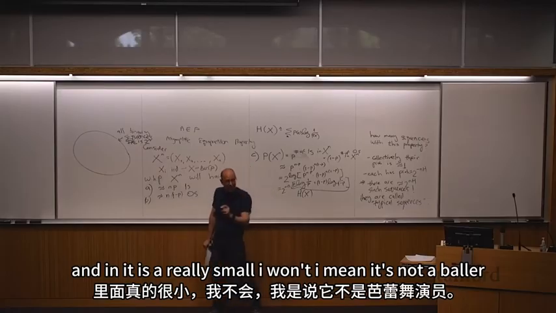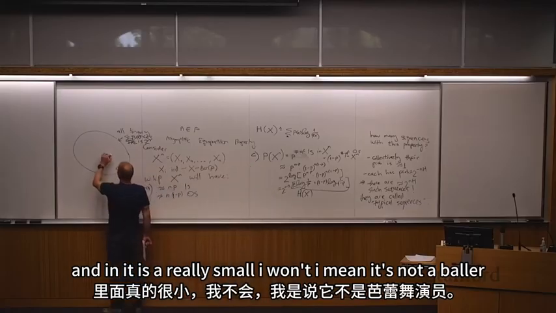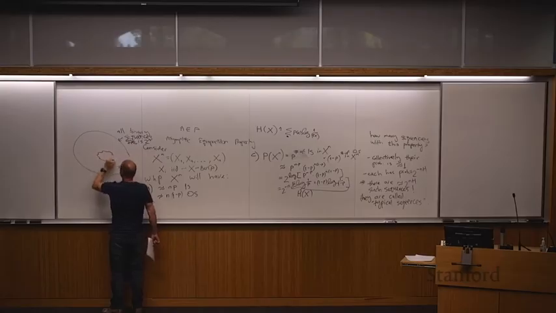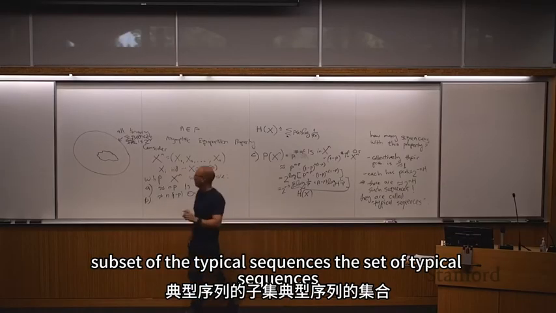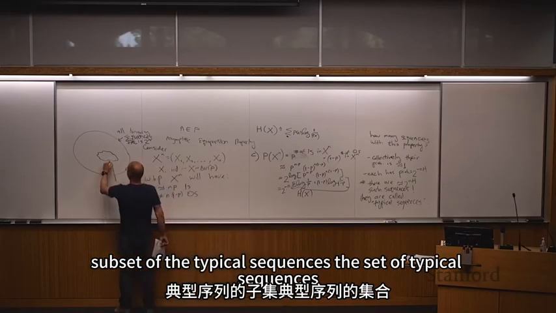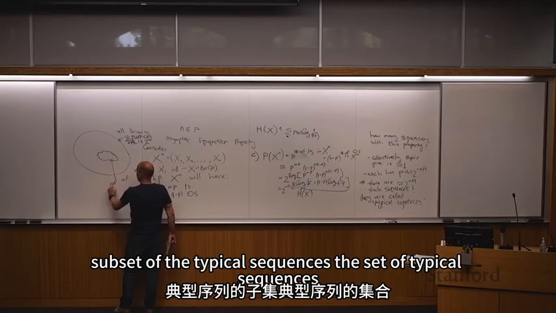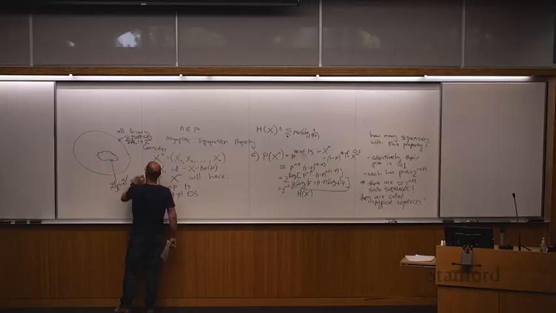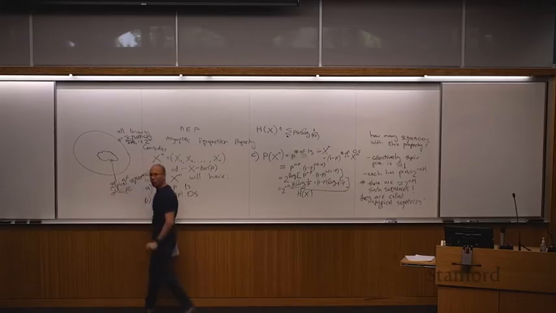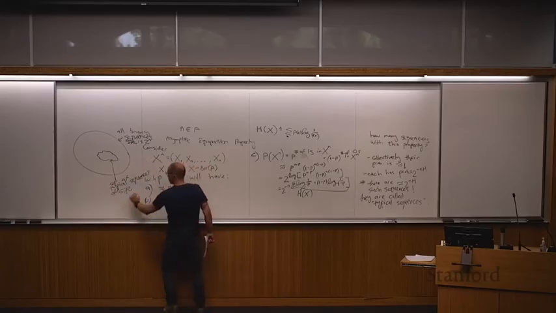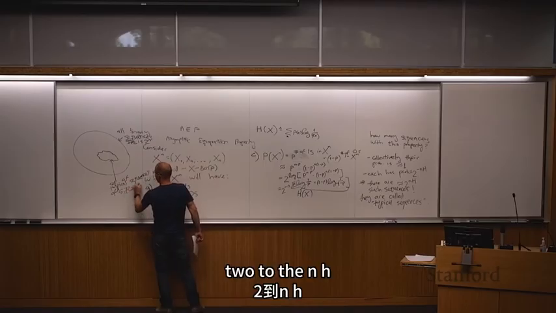And it's a really small subset, the set of typical sequences, of size essentially 2 to the nH.